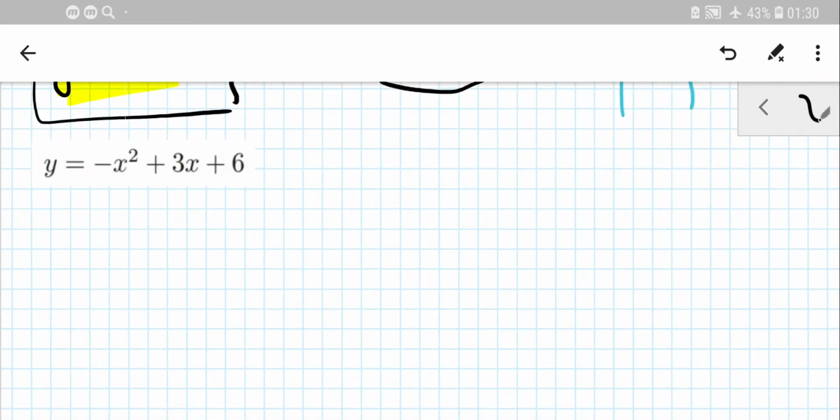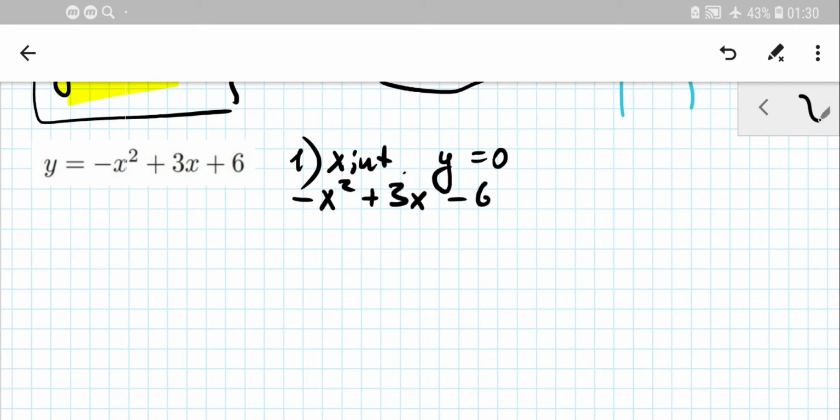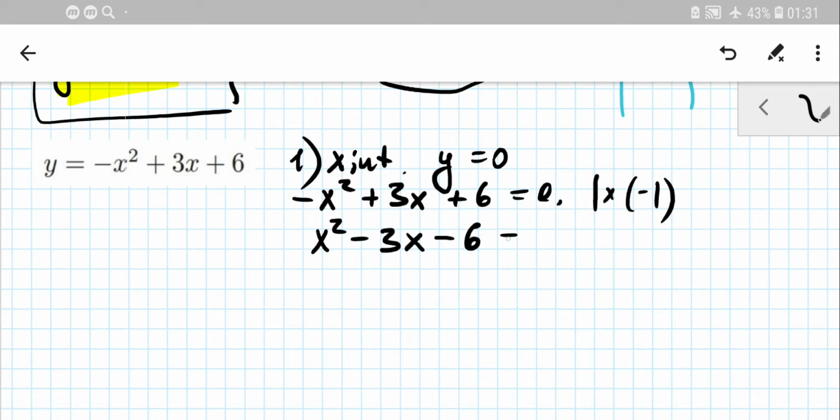Here, we also need to find the x-intercept and y-intercept. So first, the x-intercept. Let's equate y to 0, and hence we can solve the following quadratic equation: negative x squared plus 3x plus 6 equals 0. Okay, I'll just multiply everything by -1, so you have a positive leading coefficient, and I swap the signs everywhere.